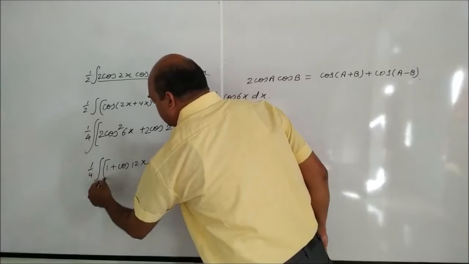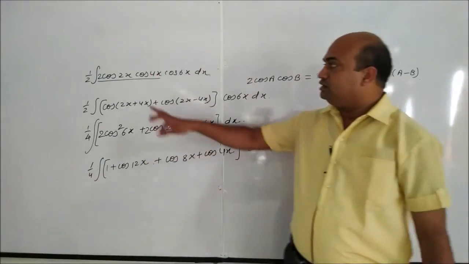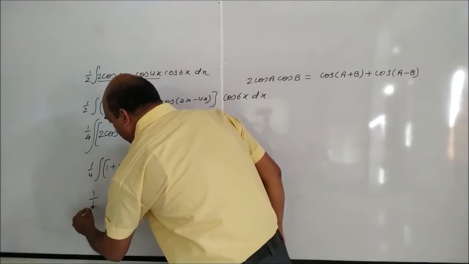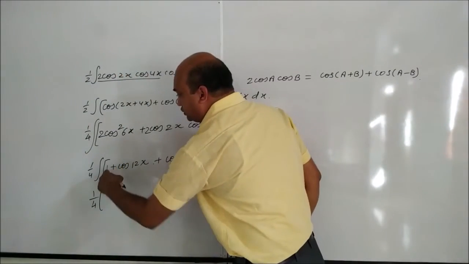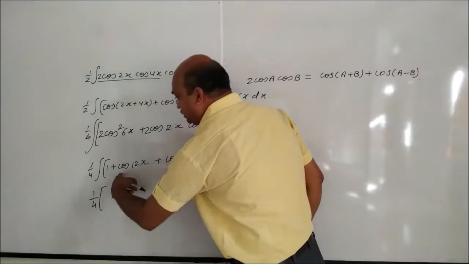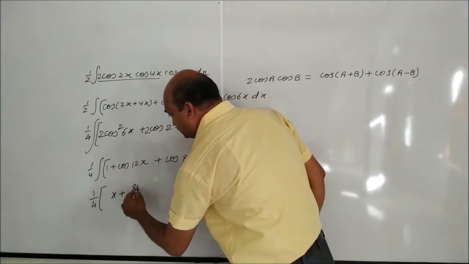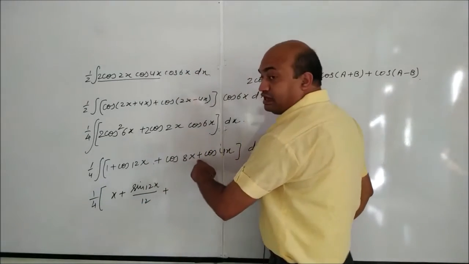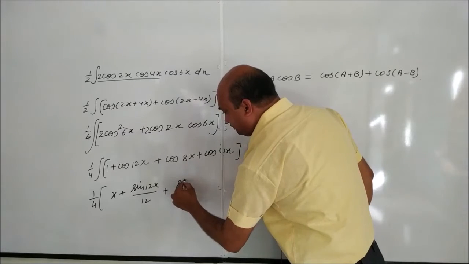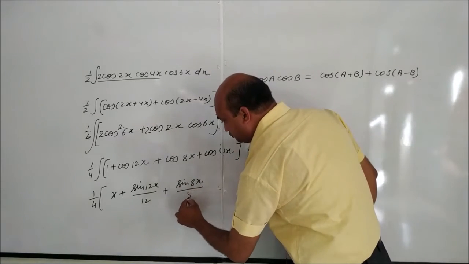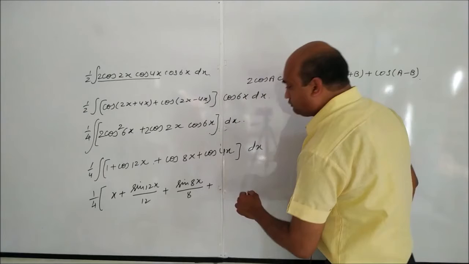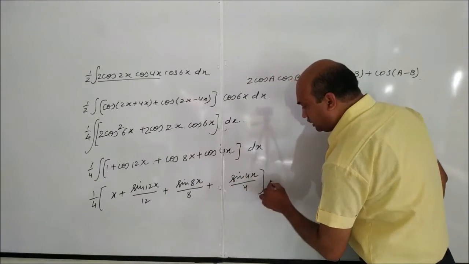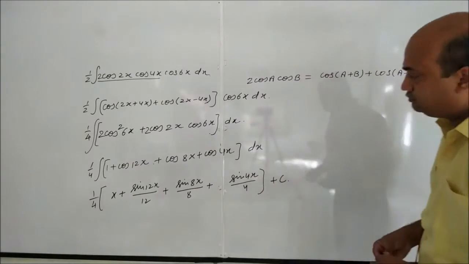So we will just simplify the given function in this form. Okay, and now it is integrable. We can integrate it. Integration of this one is x, plus integration of cos 12x is sin 12x by 12. Integration of cos 8x is sin 8x by 8 and integration of cos 4x is sin 4x by 4 and add a constant c.